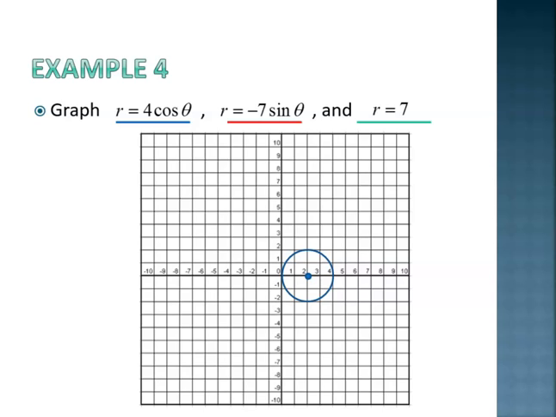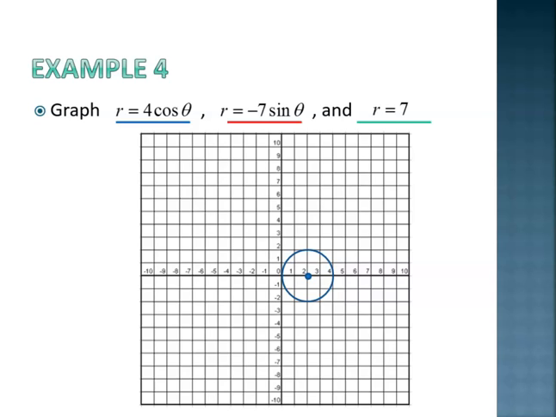Next we have r equals -7 sine of theta. Now again, if you need to rewrite it, feel free to. Think of this as 2 times -3.5. Okay, so it's always 2 times a or 2 times b, depending on if it's cosine or sine, or if you have both combined. So this would be at negative 3.5.